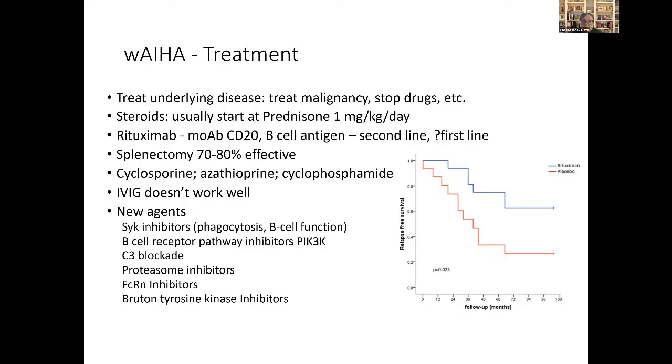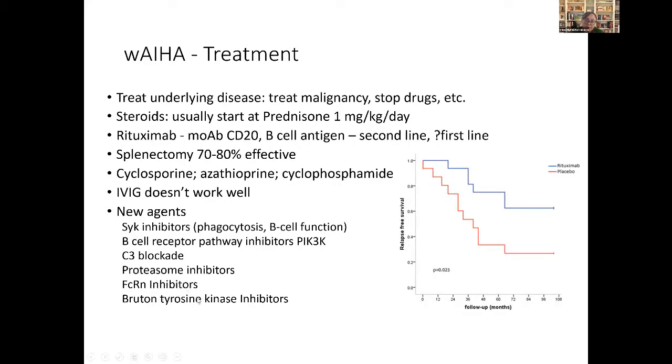There are B cell receptor pathway inhibitors such as PI3K kinase inhibitors. In patients in whom complement-mediated hemolysis plays a big role, which is not everybody, C3 blockade is being investigated. Proteasome inhibitors, drugs that inhibit plasma cell function, because plasma cells are what's making the antibodies, are being looked at as well.